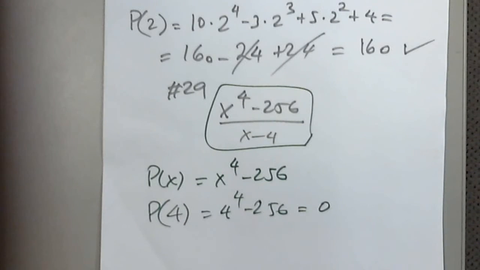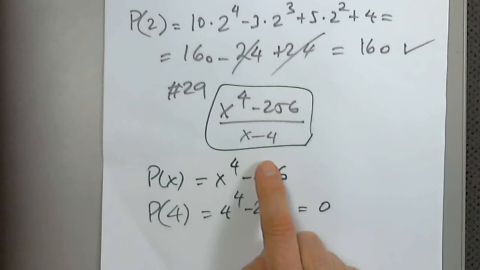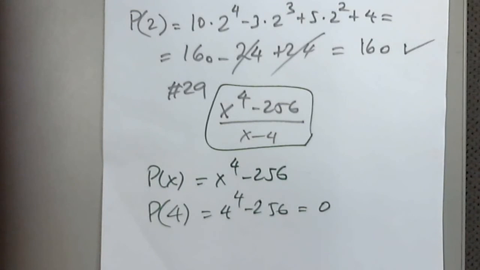Now, the factor theorem says if the remainder is 0, then x minus 4 is a factor of the top. Is that better? Not really, but I'll talk to you after class.